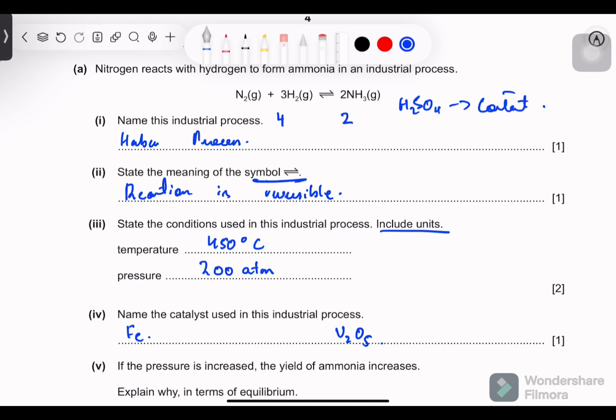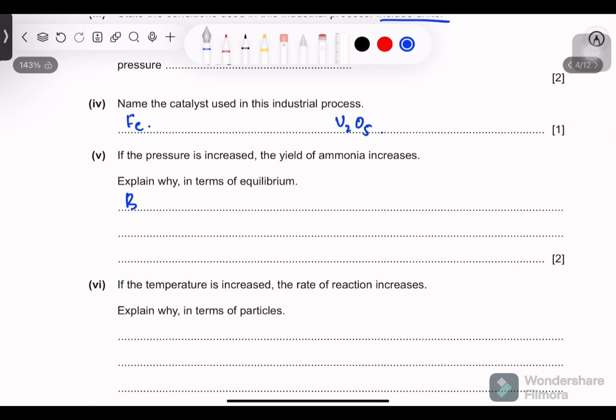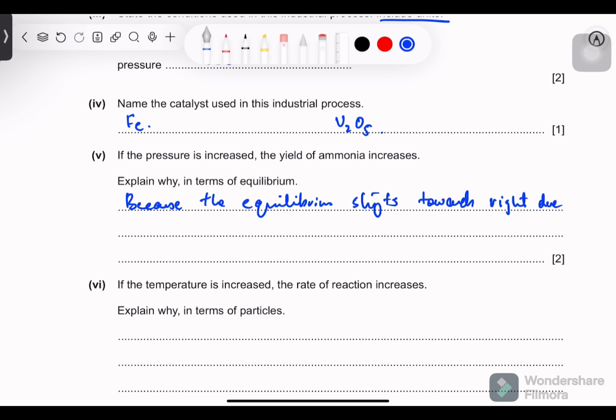So when the pressure is increased, the side with fewer moles will be favored, so the reaction will move in this direction, because the equilibrium shifts towards the right due to fewer moles of gas on the right side.